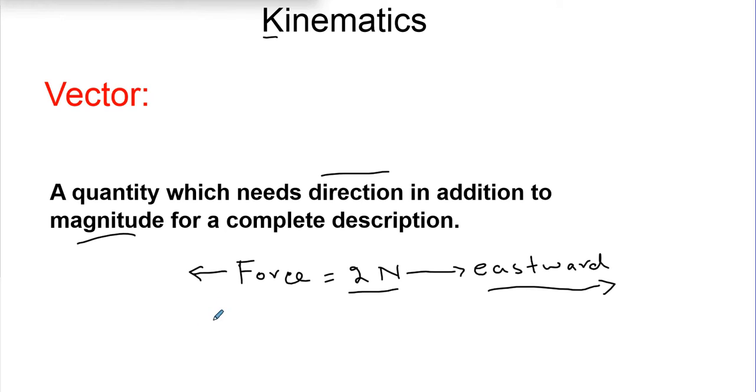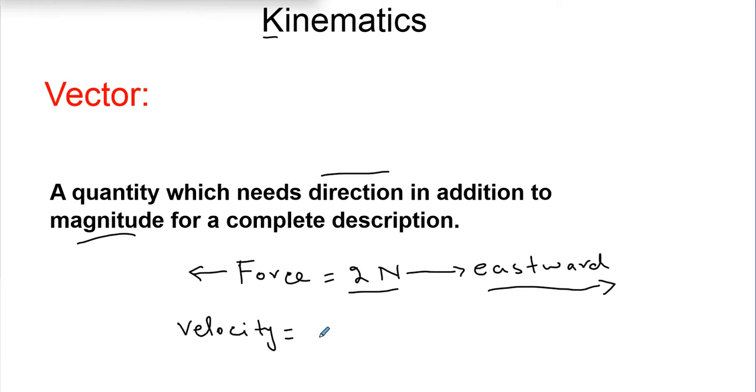Similarly, we have many physical quantities which are vectors. One is velocity. Velocity is basically speed, which we commonly use in our daily life. What is the speed?